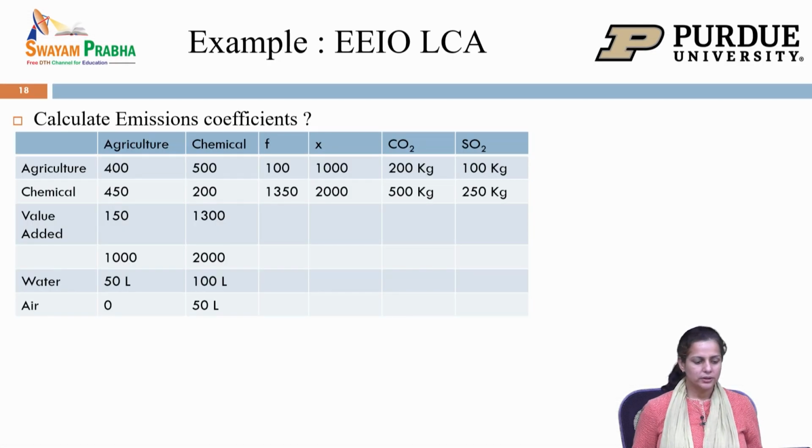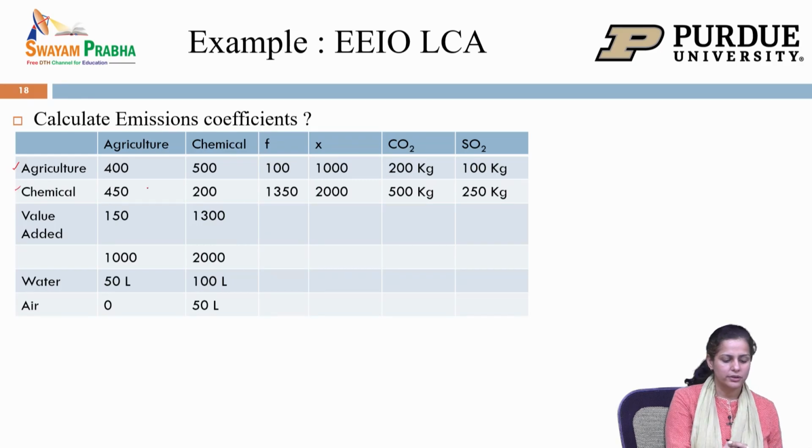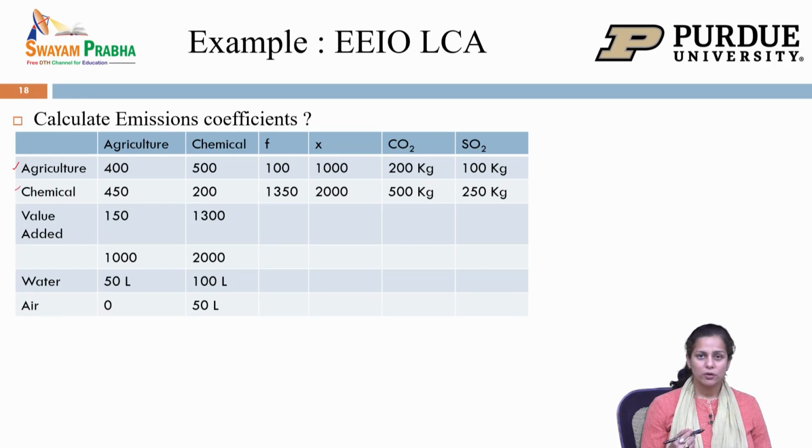Okay, so to begin with, let's look at this input output model. I hope you all now have good familiarity with what an input output model looks like. Here we have a two sector economy, agriculture and chemical, and we have the intersectoral flows. We have already seen this example when we were calculating the X star for new final demand.